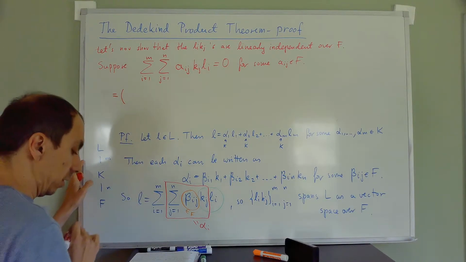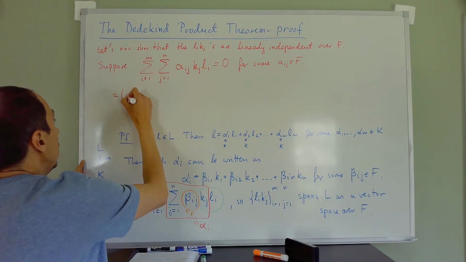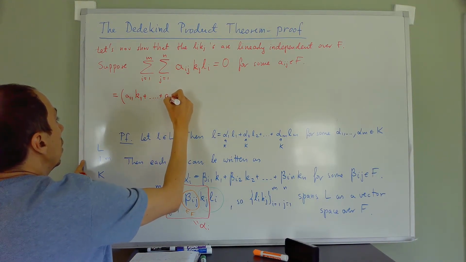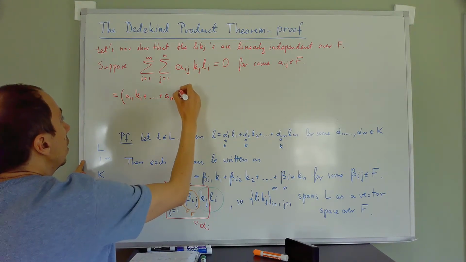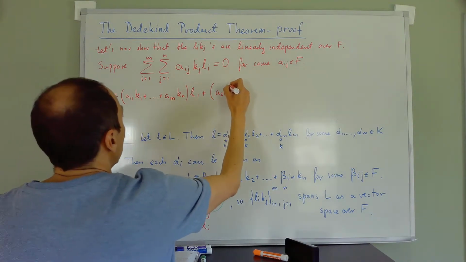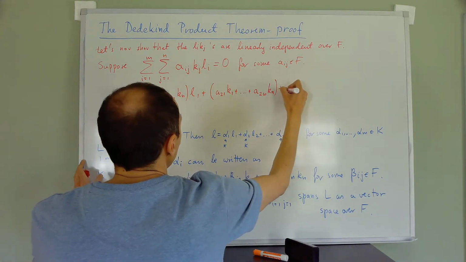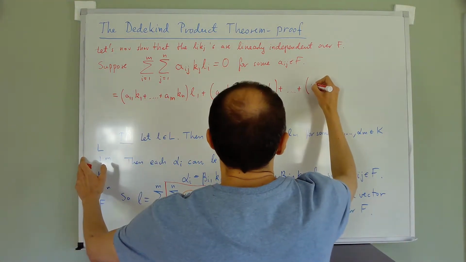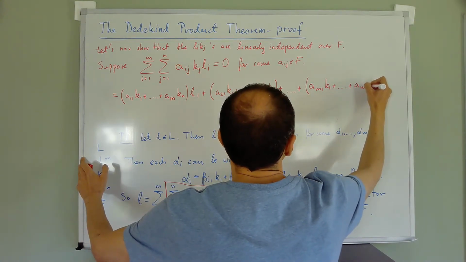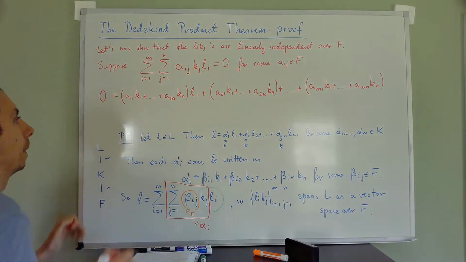First I take i equal to 1, so I get a_11 k_1 plus dot dot dot plus a_1n k_n, times l_1, plus a_21 k_1 plus dot dot dot plus a_2n k_n, times l_2, plus, and finally the last term is going to be a_m1 k_1 plus dot dot dot plus a_mn k_n, times l_m, and this is 0, right?